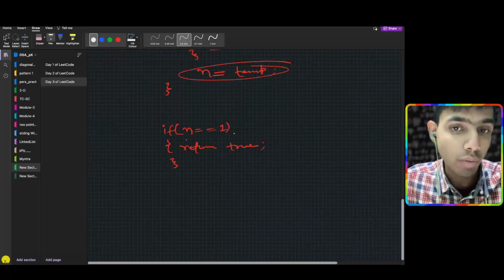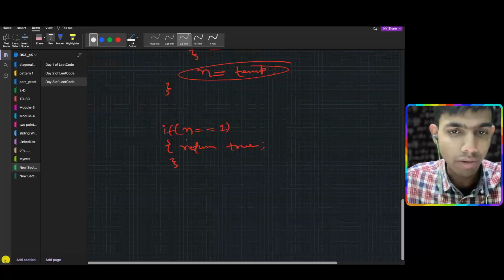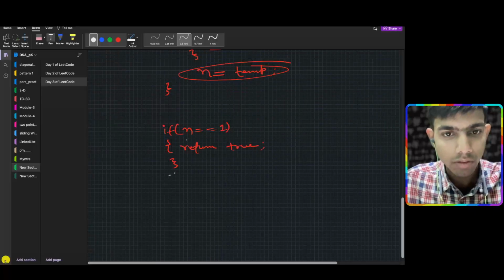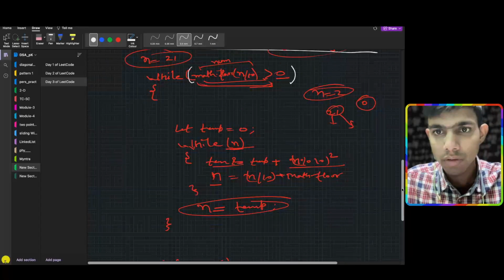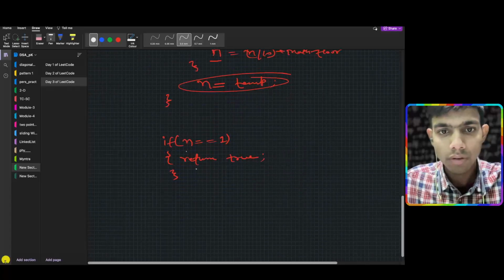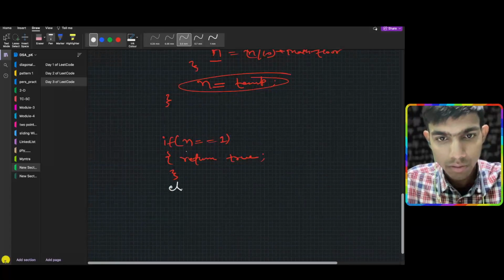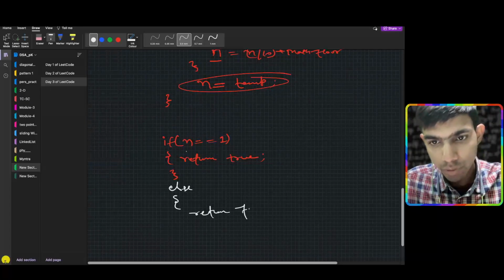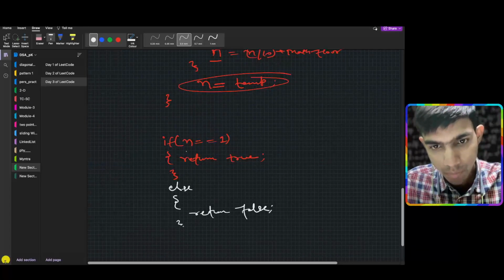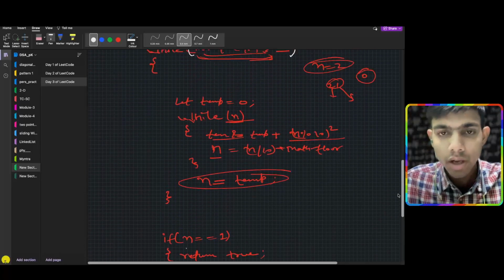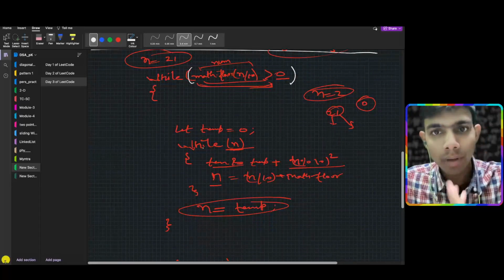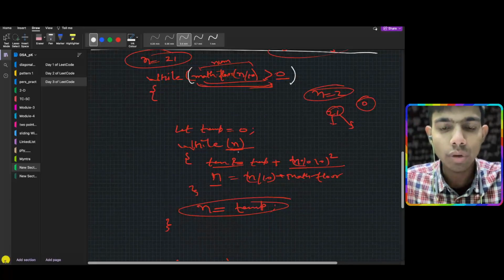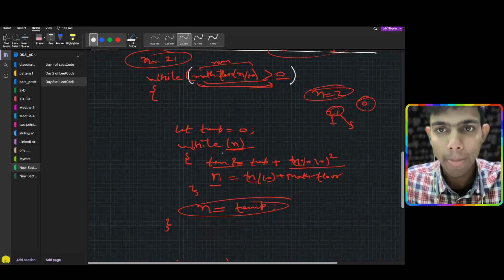If n is equal to 1, return true, else return false. And if the number is not a single digit, just try to convert it into a single digit number.